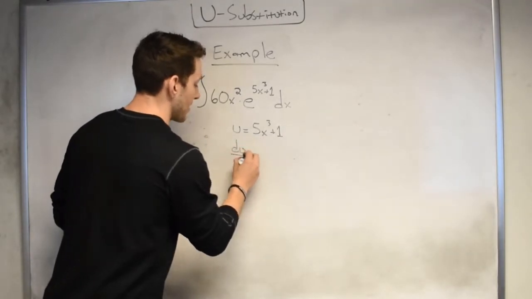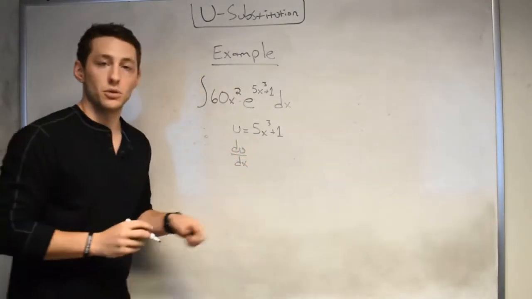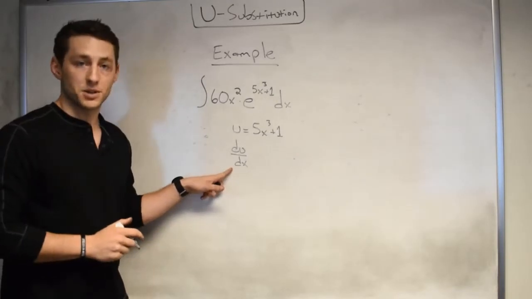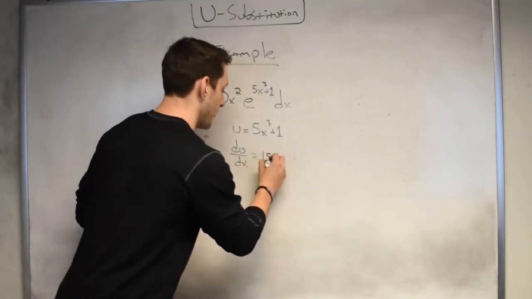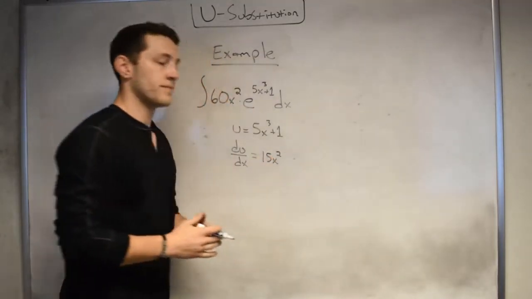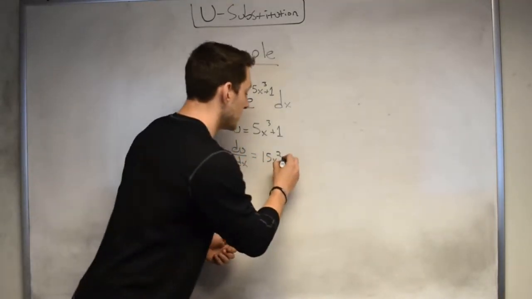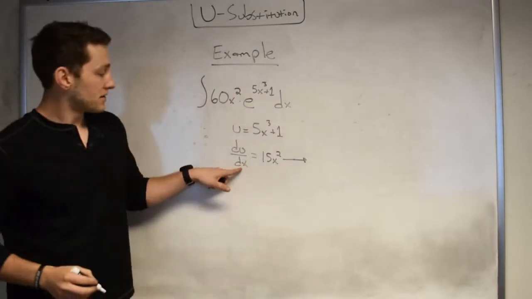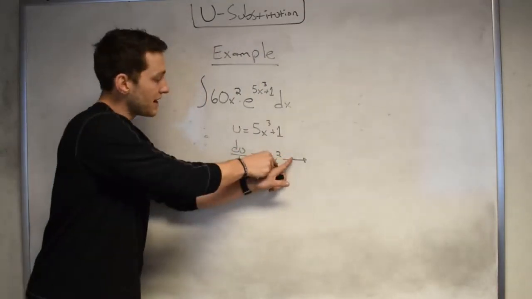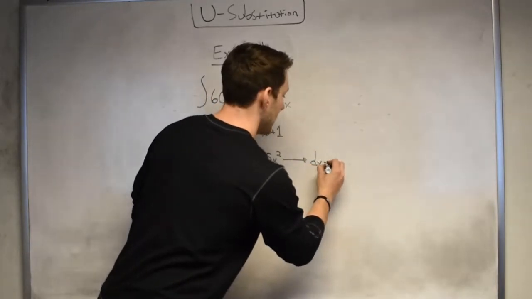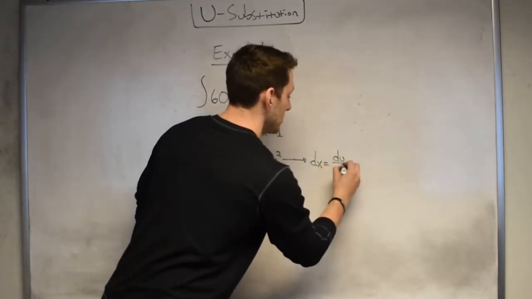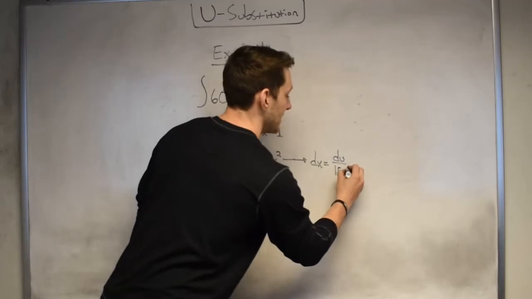In order to get that something, I need to derive u. That gets a dx in the picture. So the derivative of u will be 15x squared. Now ultimately, by multiplying up by dx and dividing over by 15x squared, I'll get that dx is equal to du divided by 15x squared.